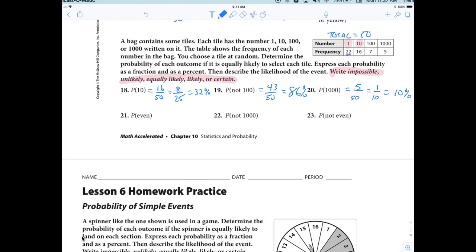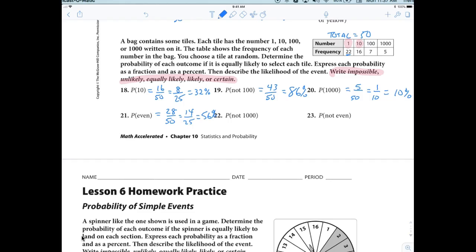All right, Madeline, you're up. What's the probability of getting an even number? So 1 is not an even number, so you subtract 50 minus 22, and that's 28. Exactly. So it'd be 28 over 50, and that can reduce to 14 over 25, which is 56%.